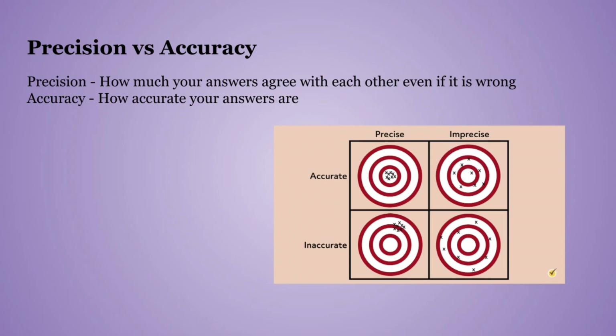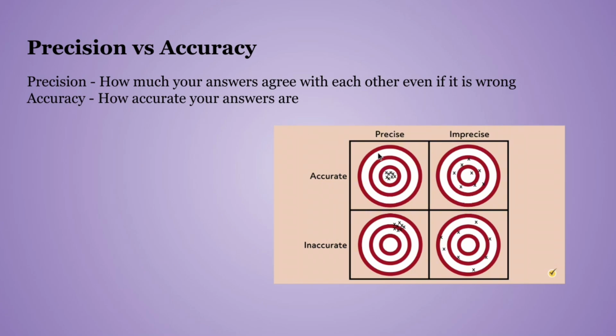The temperature that she's supposed to get is 30, and the answers that she keeps getting are like in the 60, 61, 59 range. You would say that all of the answers that she's getting are pretty consistent, or pretty precise because they're all very close together, but they're not very accurate because they're very far from the answer that she was supposed to get.